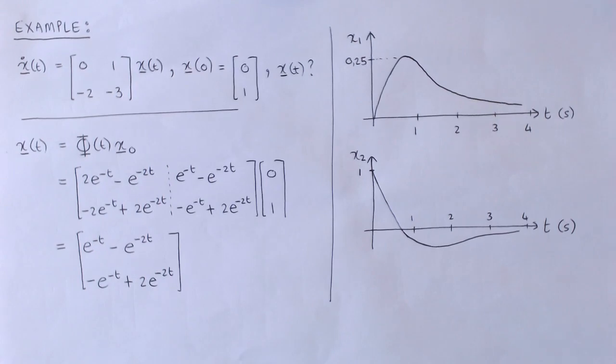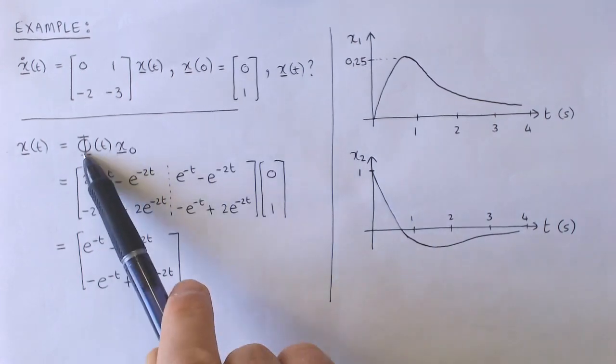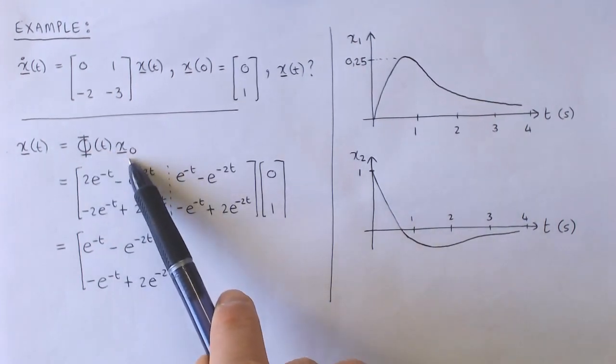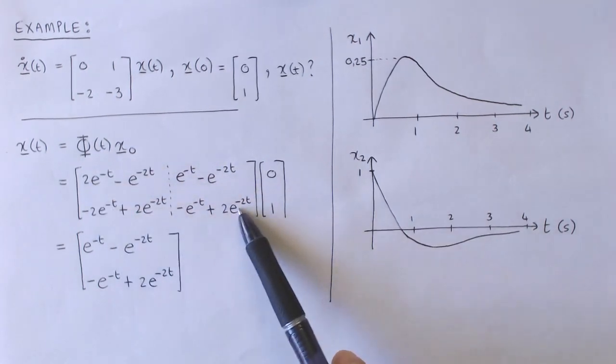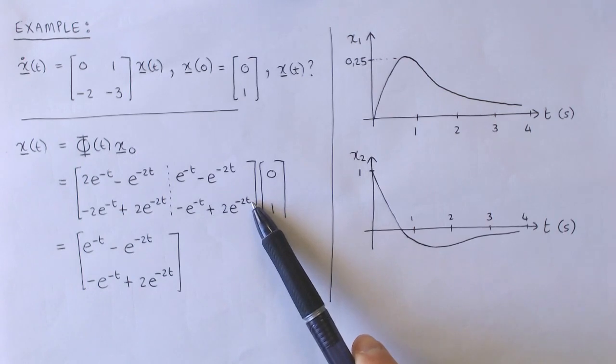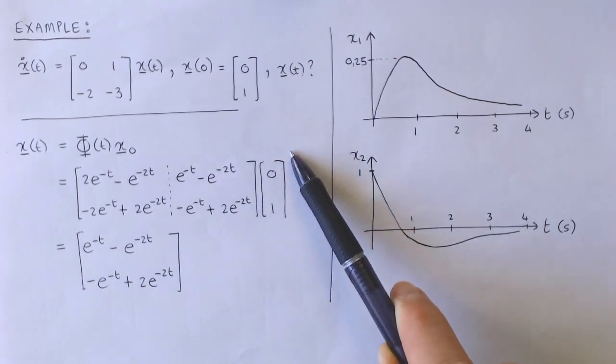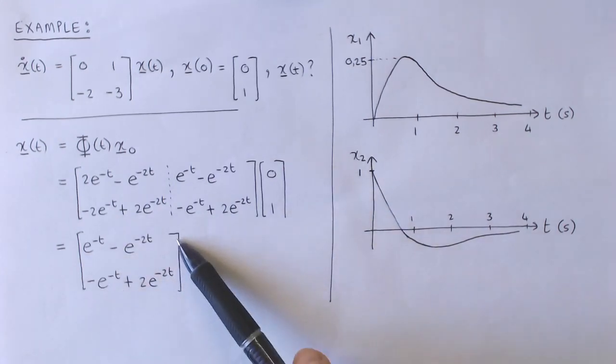As stated previously, the solution is given by the state transition matrix times the initial state vector. We calculated the state transition matrix on the previous two pages, and after multiplying with the initial state vector, we get this vector.